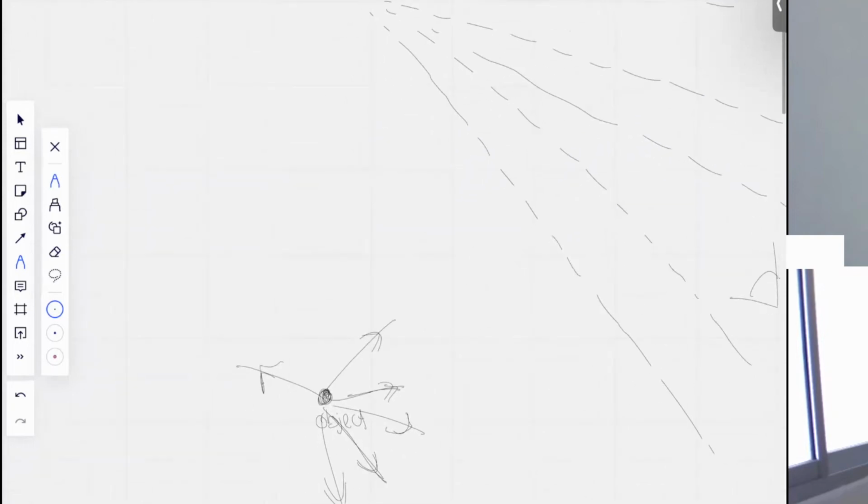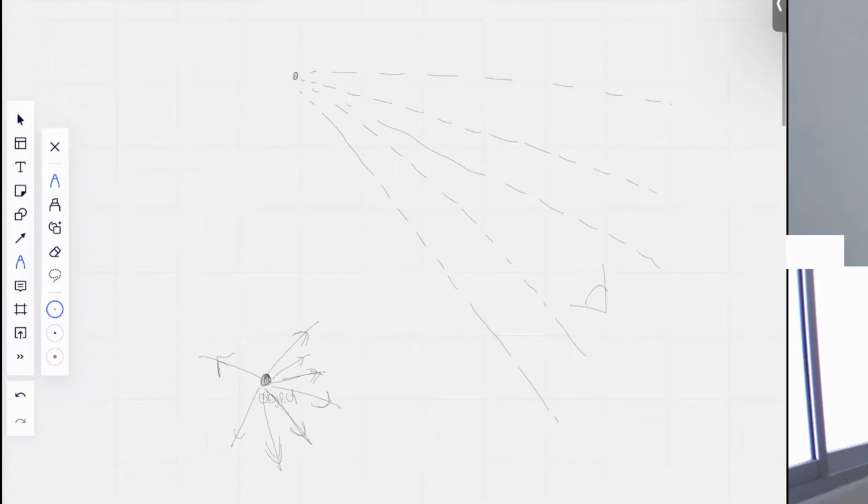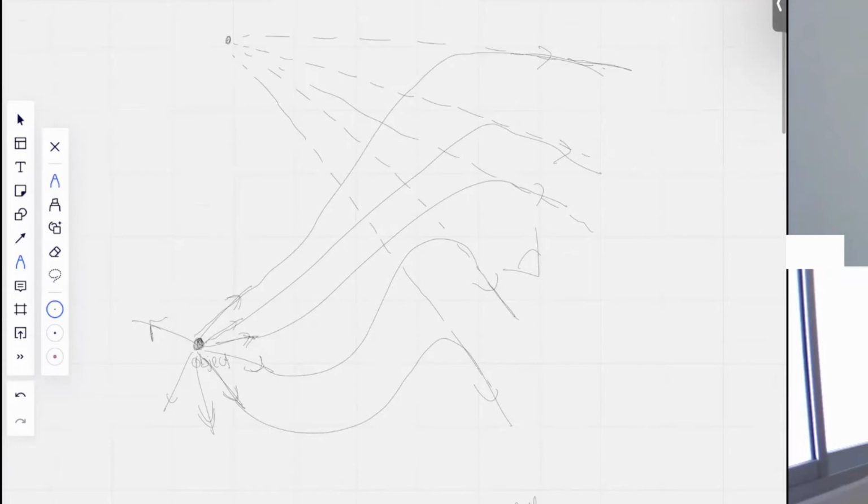Okay. Then the light goes and bend. Then it follow a line. Understand? This light go and bend. This light go and bend here. Like this. Yeah.